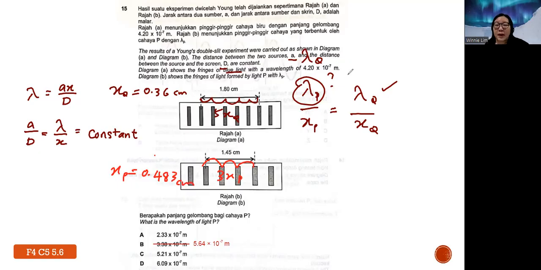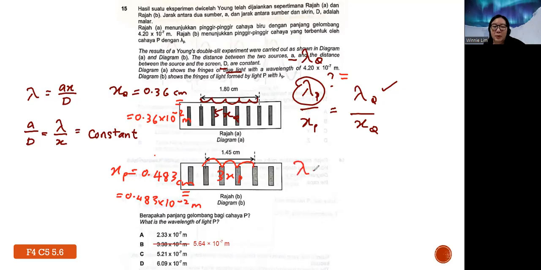Now, because your wavelength is in meter, but your x is in cm, you still need to do one change before you're able to sub into the equation. You have to change the centi to its value. Centi in prefix is actually 10 power -2, so it becomes meter already. This one also the same, 0.483 times 10 power -2 meter. Now we can sub in already.